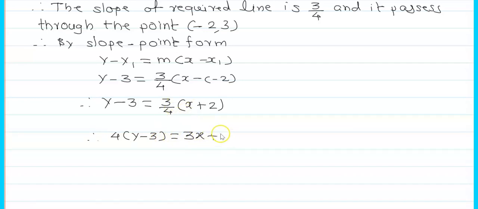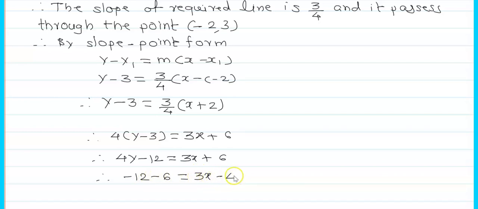3x, 3 into 2, it is 6, 4y minus 12 equals 3x plus 6. Therefore this equation again can be written as minus 12 minus 6 equals 3x minus 4y.